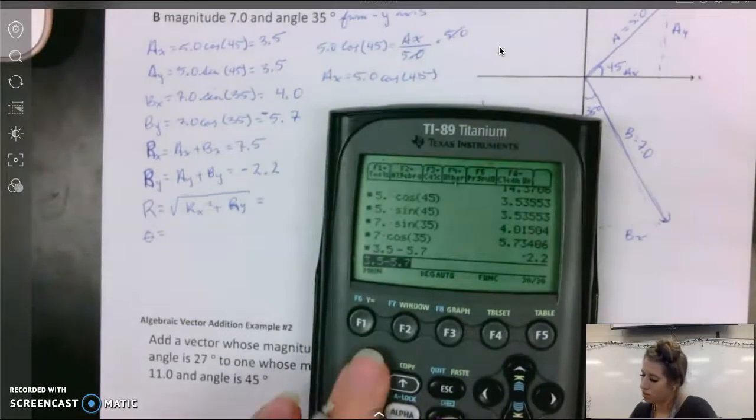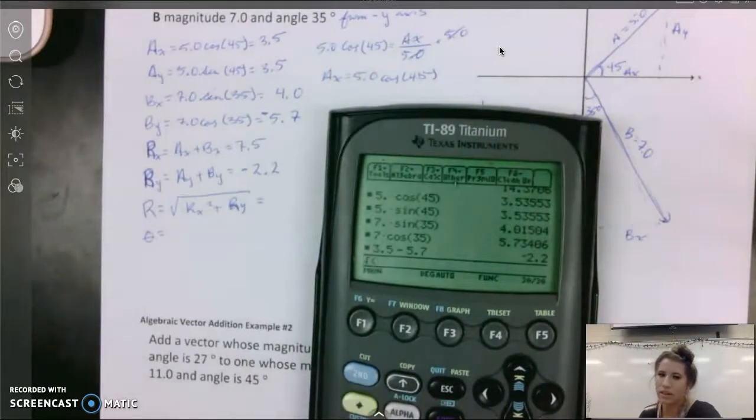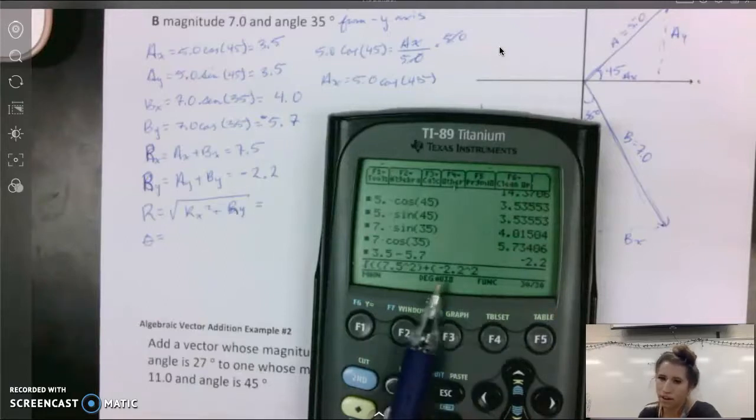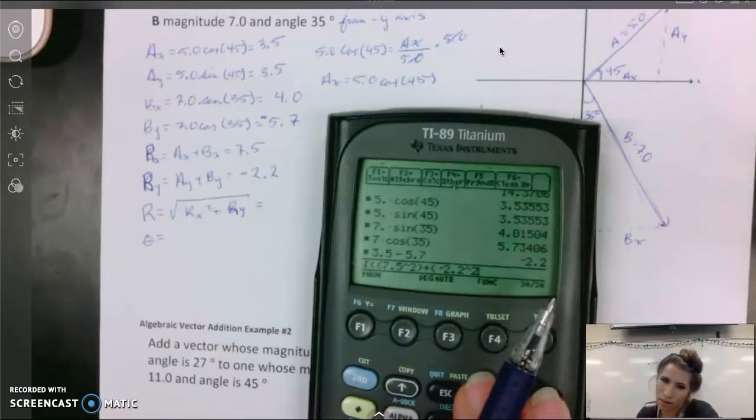Now, if you're going to plug in the negative signs, you need to do a double set of parentheses, or you can reason that this is a magnitude, and any negative squared, negative 2.2 multiplied by negative 2.2, gives us a positive.